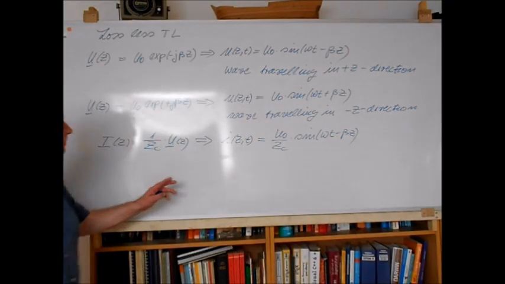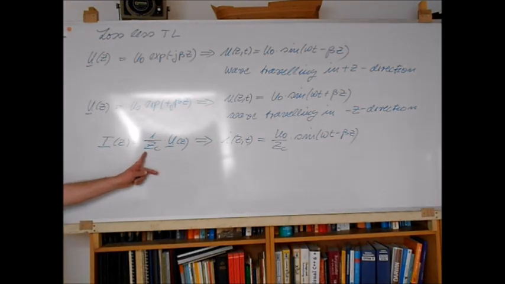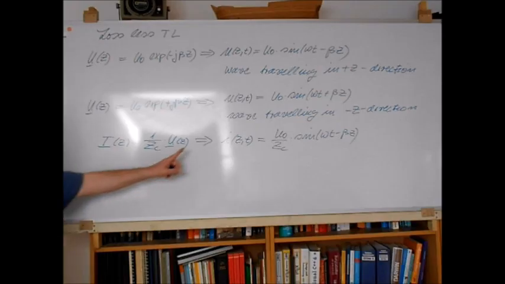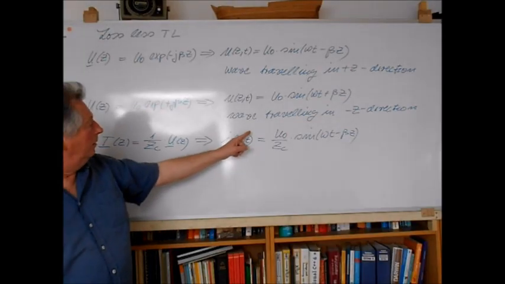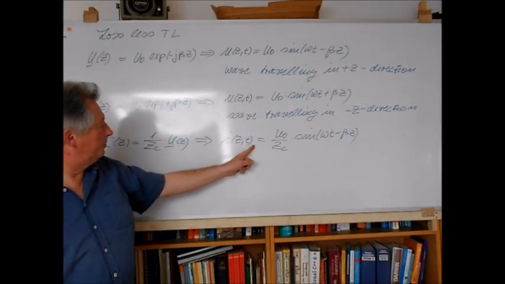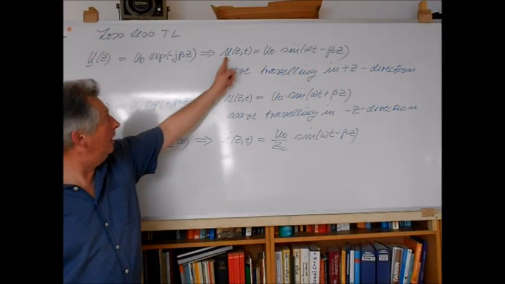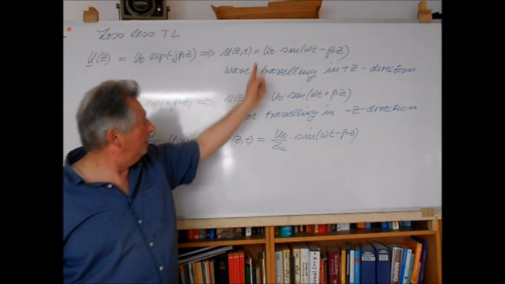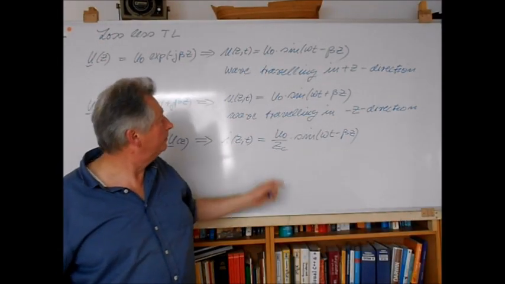And since our characteristic impedance for a lossless transmission line is real, the current as a space and time function will be in phase with its voltage function.